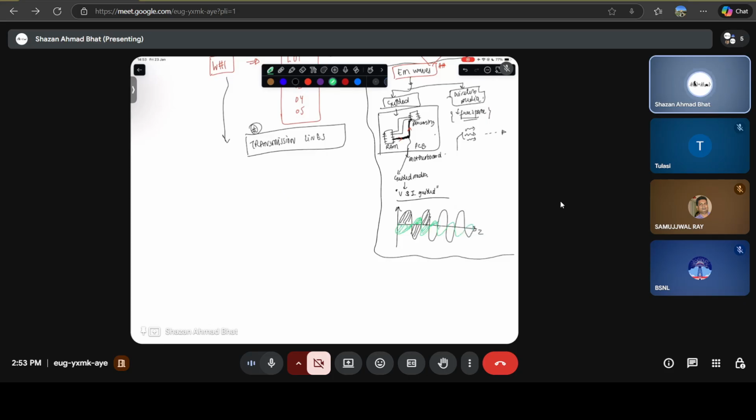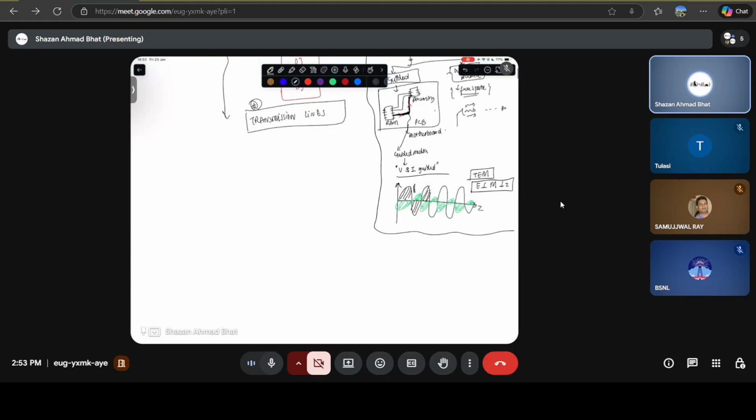And why I have drawn it this way is because if it is what is called a transverse electromagnetic wave, then the electric field and magnetic field components are perpendicular to each other, and they are perpendicular to the direction of propagation. So this component is perpendicular to this component, and they are perpendicular to the direction of propagation.